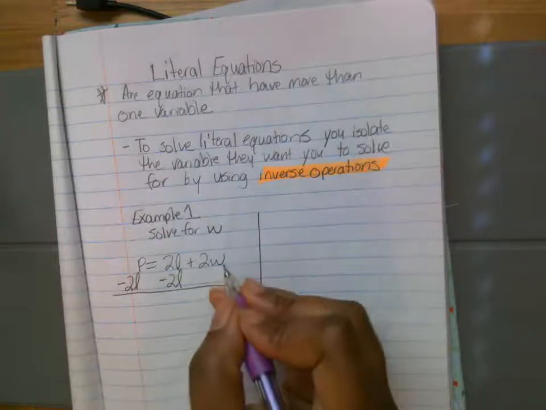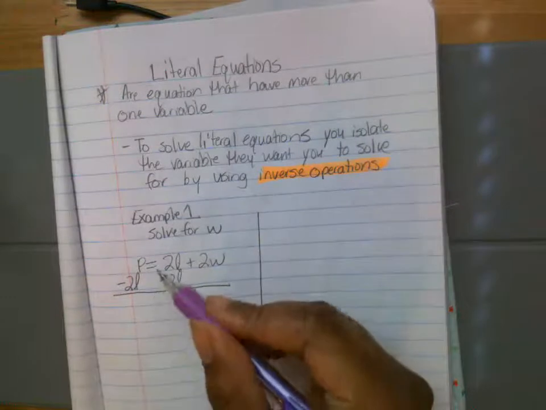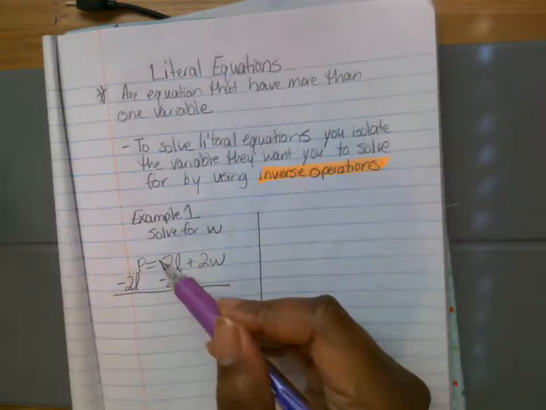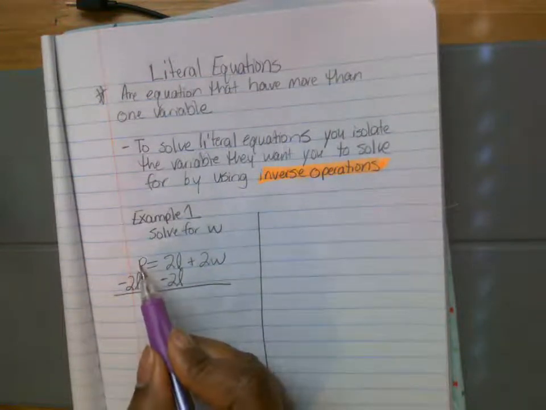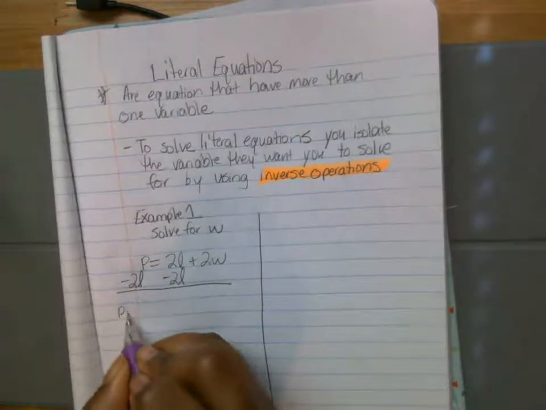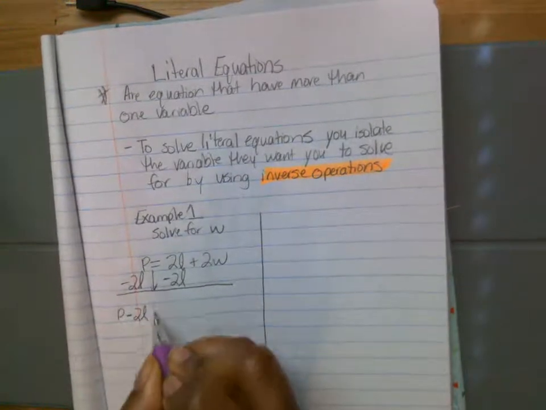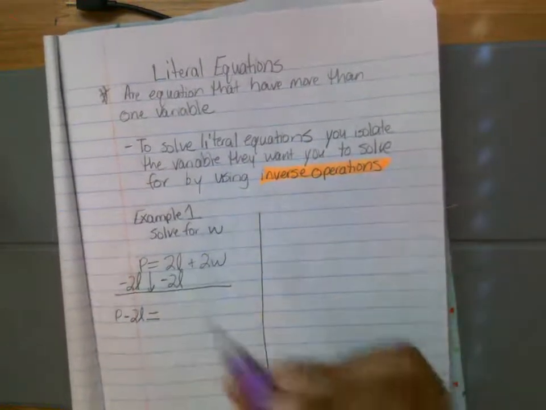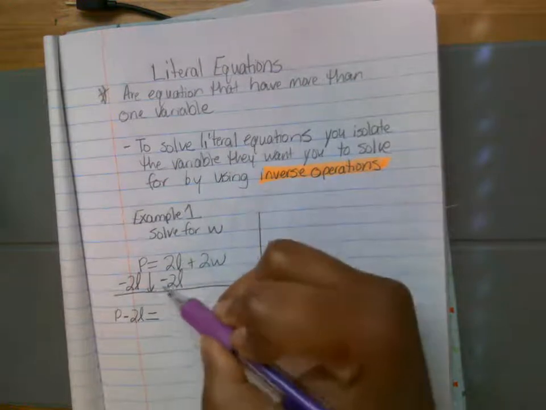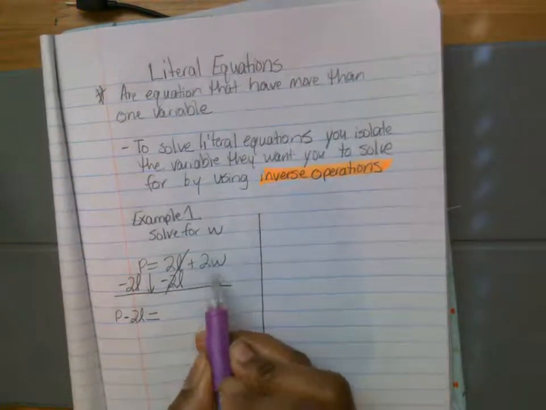Okay, good deal. All right, so here, when you are simplifying on this side, you get P minus 2L. You can't combine those terms because they're not alike, so just bring it down. Bring down my equal sign. 2L minus 2L is 0, and what's left is this positive 2W.